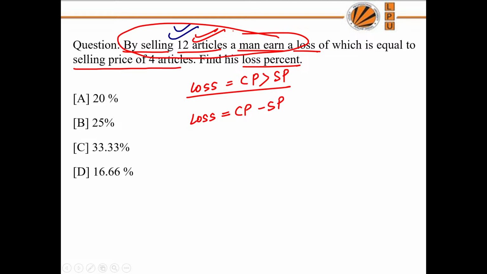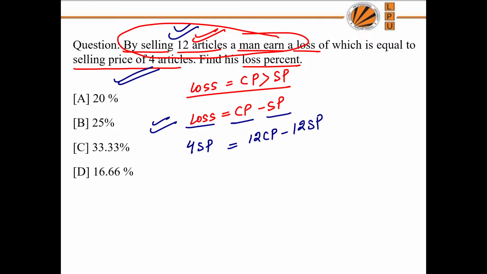Getting it? So now you will substitute this information into this formula because loss is there. So loss is CP minus SP. Loss is the selling price of 4 articles. So I'll write here 4 SP is equal to, for CP and SP, 12 CP minus 12 SP. Now if you solve it further, it gives you 16 SP is equal to 12 CP.